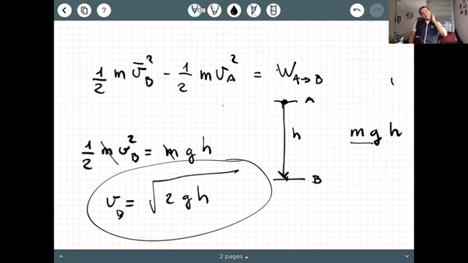Done. So this example clearly shows that these concepts like work and kinetic energy are quite useful in classical mechanics whenever I have to get some information out of it.